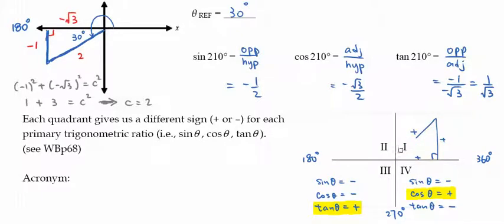So in this case, in quadrant number 1, sine theta would be positive, cosine theta would be positive, tangent theta would be positive, everything here will give us a positive ratio.